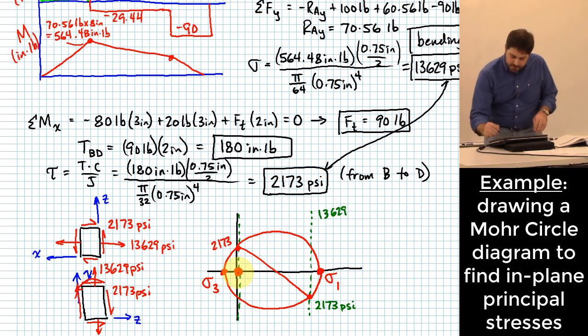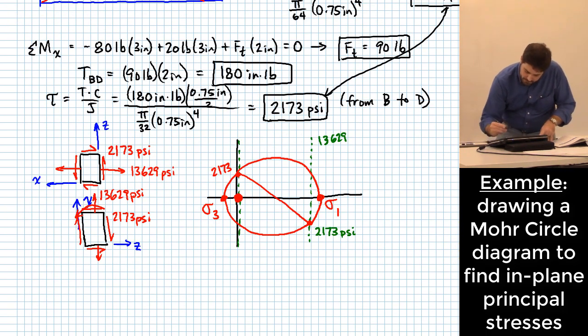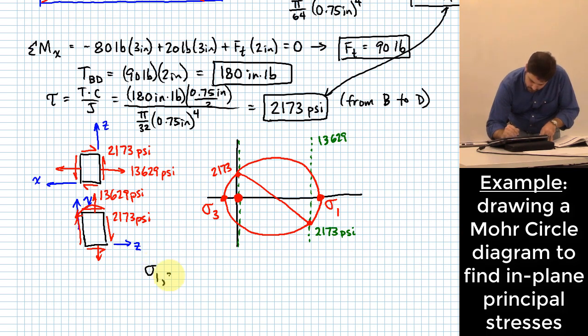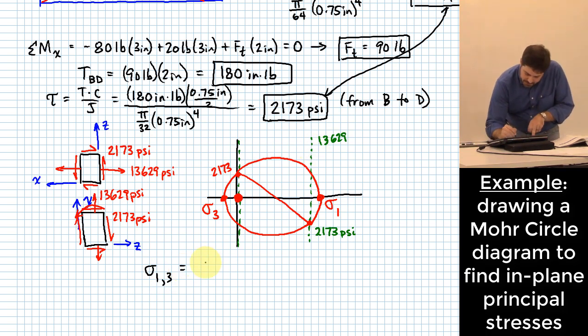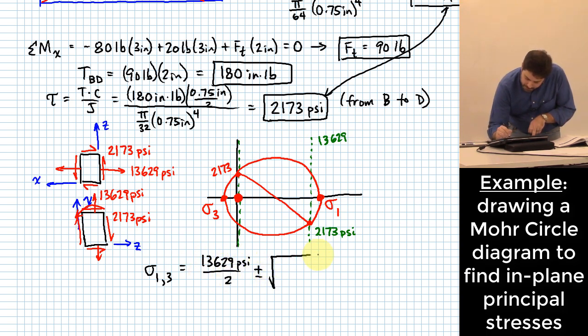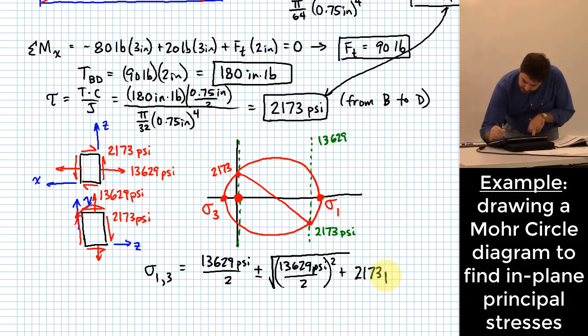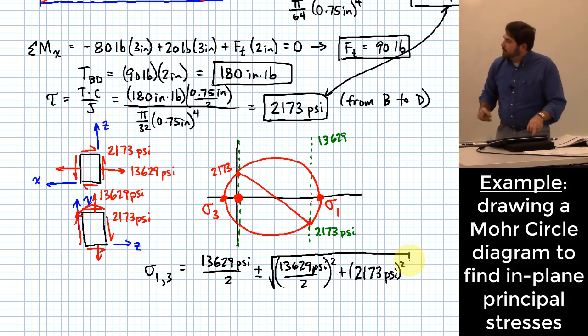And what are those two values? I'm going to say sigma 1 and 3 are just going to be equal to 13,629 psi over 2 plus or minus the square root of 13,629 psi over 2 squared plus 2173 psi squared. Why do I know that so easily?